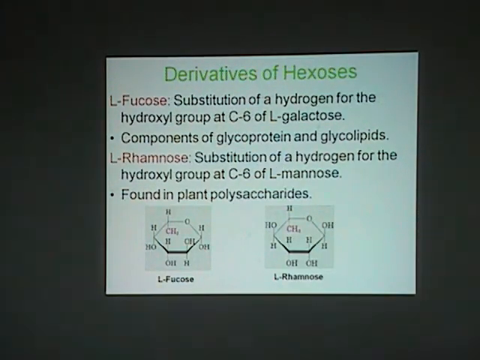Now, L-fucose. Substitution of a hydrogen for the hydroxyl group at the 6th carbon of L-galactose. Galactose is this, isn't it?